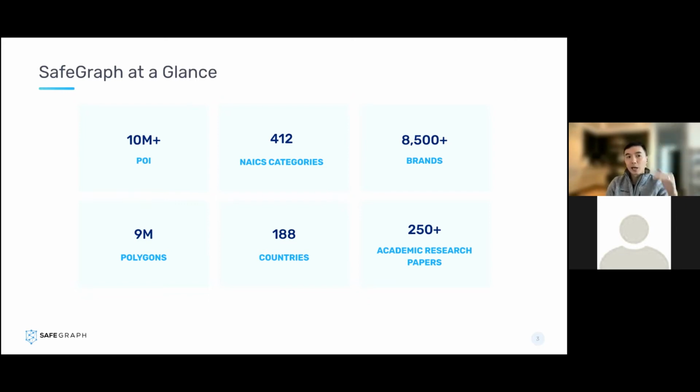So if you think of POI as rows, now we're going across the table to think about different columns of our data set. One of the things we provide for the points of interest we have in our data set are geometric shapes, which are represented as polygons in our data set.